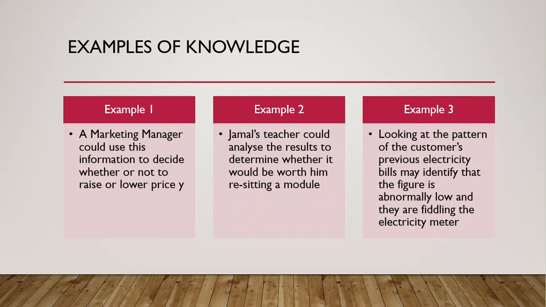Okay, examples of knowledge. In example 1, a marketing manager could use this information to decide whether or not to raise or lower price. This relates to our earlier example of data with context and info.